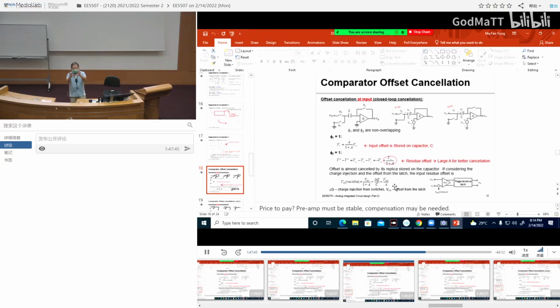The simulator is quite powerful nowadays, so you can actually do what they call Monte Carlo. Monte Carlo means that even though you put the same device into the schematic, the simulator would create small differences in the model, M1, M2 input pair.